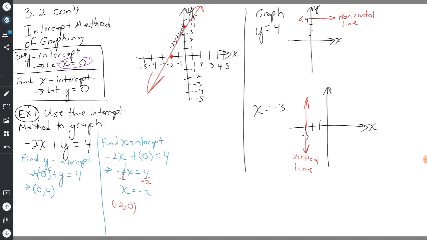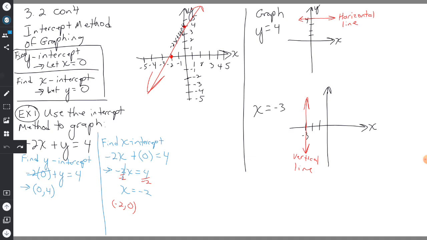Once we substitute 0 in the place of x, we're left with y is equal to 4. So our point is 0, 4, and that is one point we can use to plot on a graph.